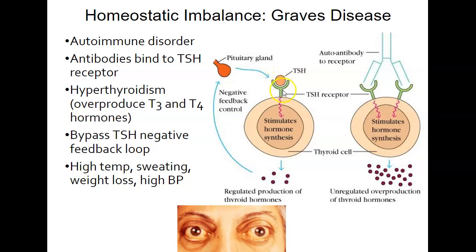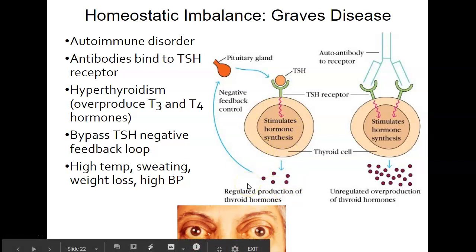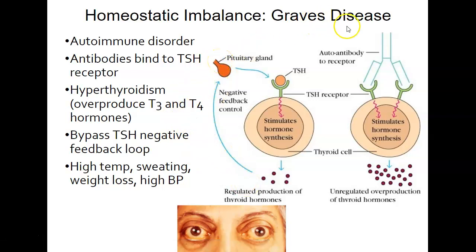Normally you have the TSH triggering the TSH receptor and stimulating hormone release from the thyroid cell, and then you regulate your metabolism, and it's nicely negatively feedback controlled, and so on and so forth.